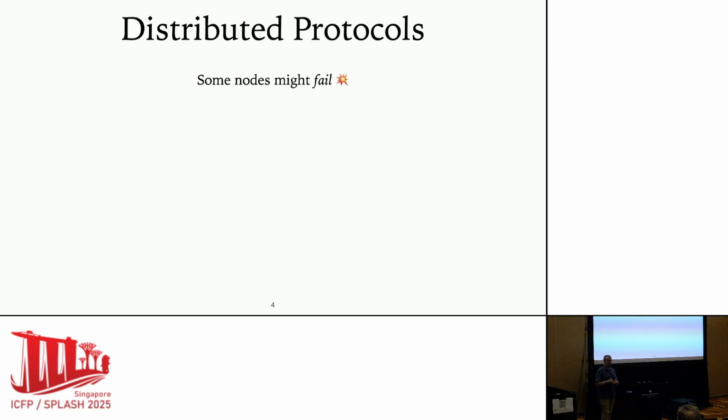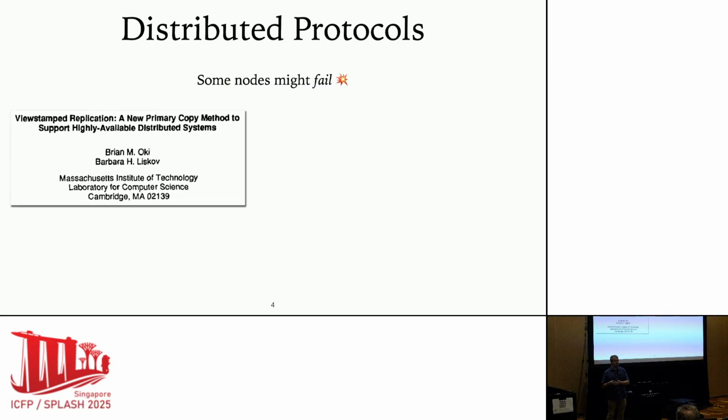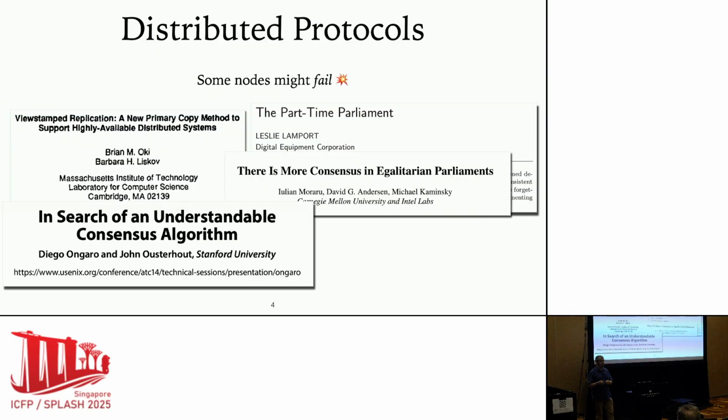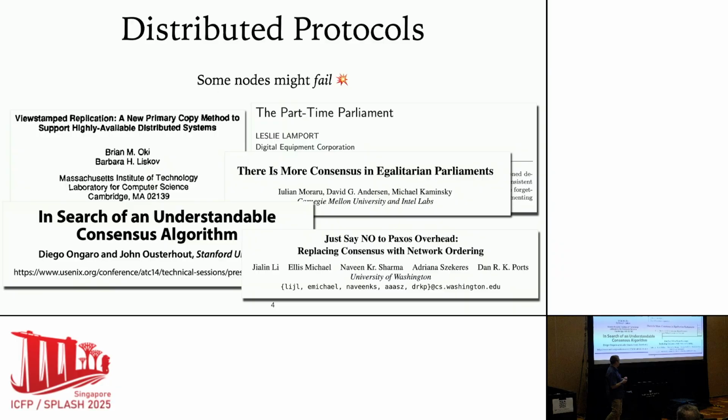This is when the problem of specifying and reasoning about distributed systems becomes interesting, and this is the problem to which we owe some of the most prominent constructions, such as viewstamped replication, Paxos consensus protocols for reaching agreement between multiple parties, and many other things. Some of these works are more modern, some of them are by my colleagues, but this is still a very active area, developing protocols for reaching an agreement in the presence of failures.